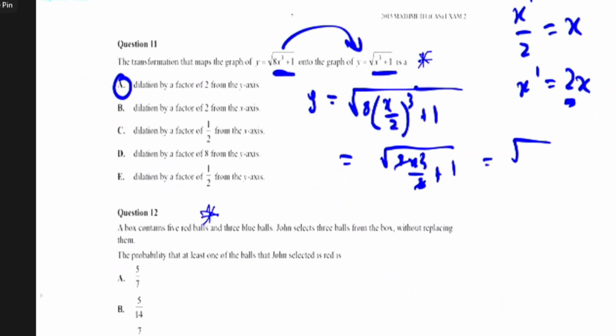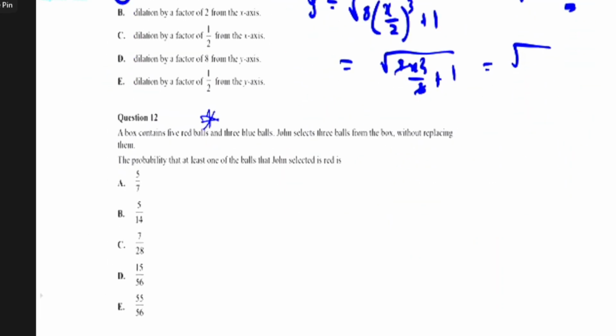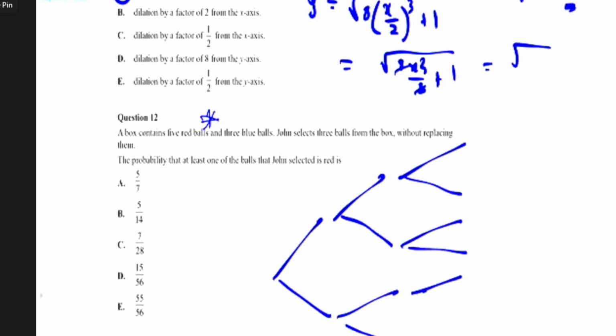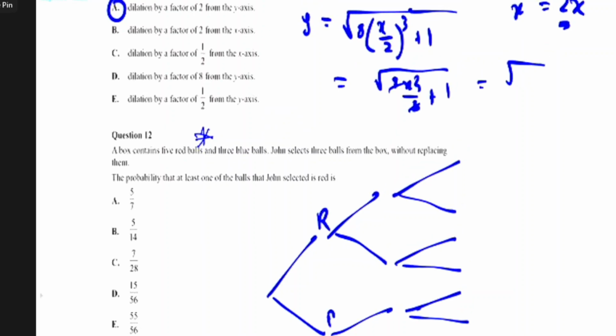Okay, so this you can construct a tree diagram. I'm pretty sure there is a way of doing it binomially, but I'm not going to do that for now. So you can do red or blue. And the key hint to doing this question quickly is that at least one of the balls selected is red, right?